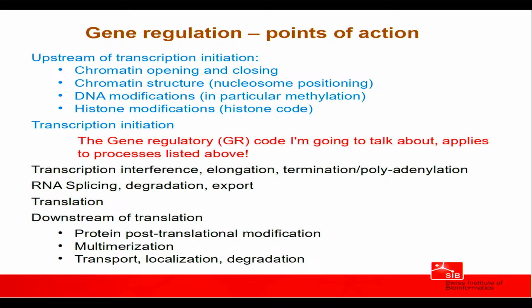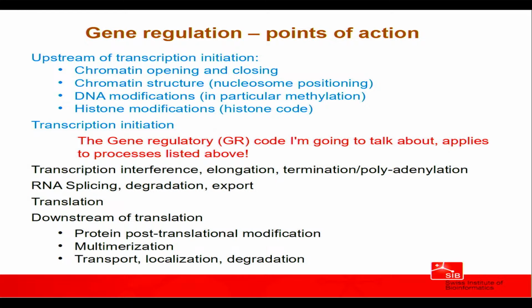They include chromatin opening and closing, chromatin structure in many ways, DNA modifications, mainly methylations, and histone modifications. And then there is the key event, transcription initiation. And if I use the term gene regulatory code, I only refer to a code that governs these upstream events.